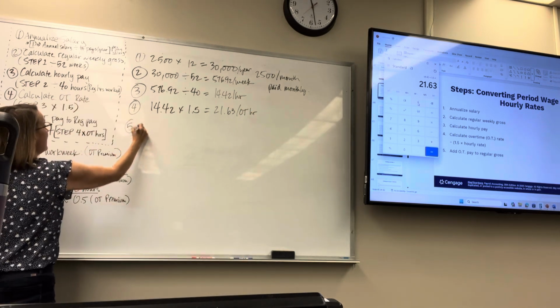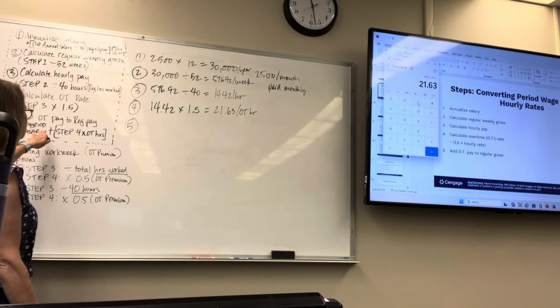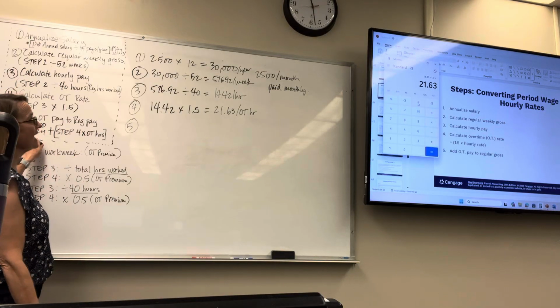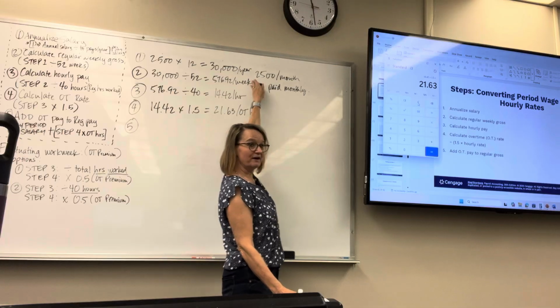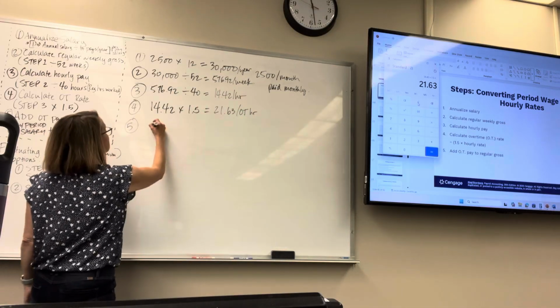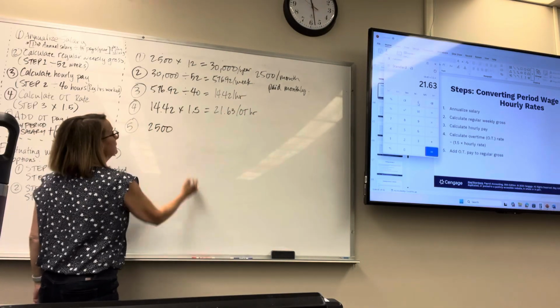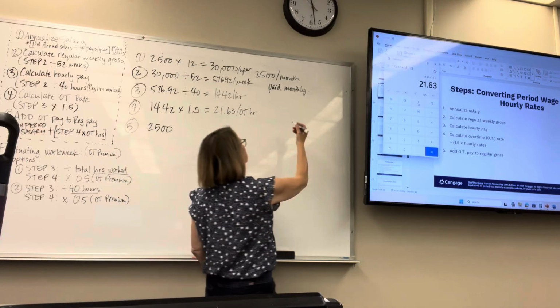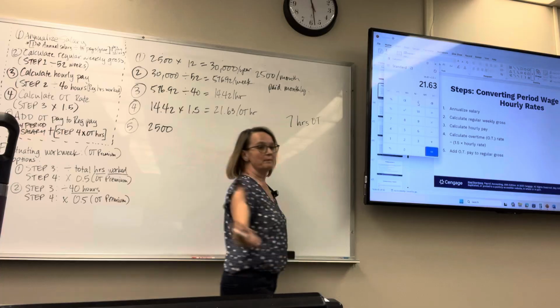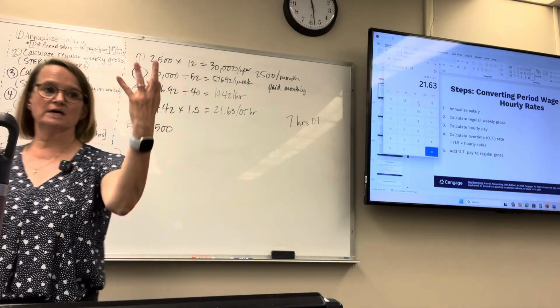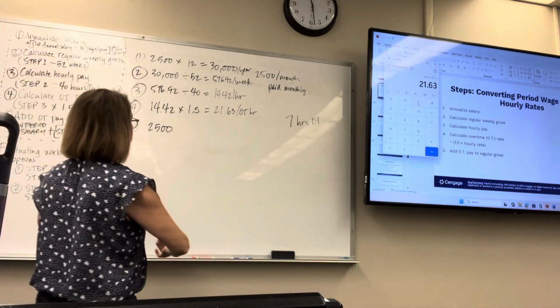And then step 5, we're going to take whatever that pay period salary is, which we have up here, $2,500. Oh, we didn't say how many hours. Let's say they worked 7 hours of overtime during the month. We figured out on the timesheet they worked 7 hours of overtime.